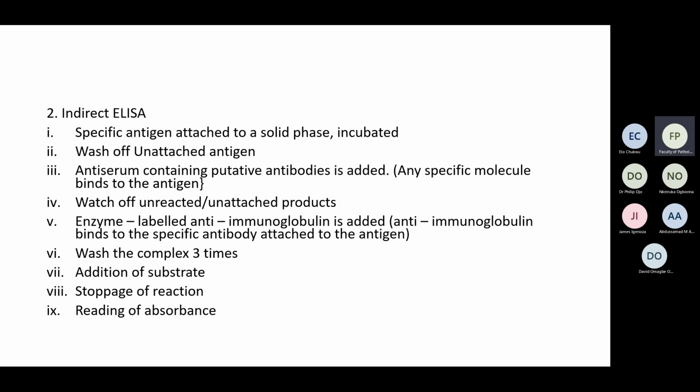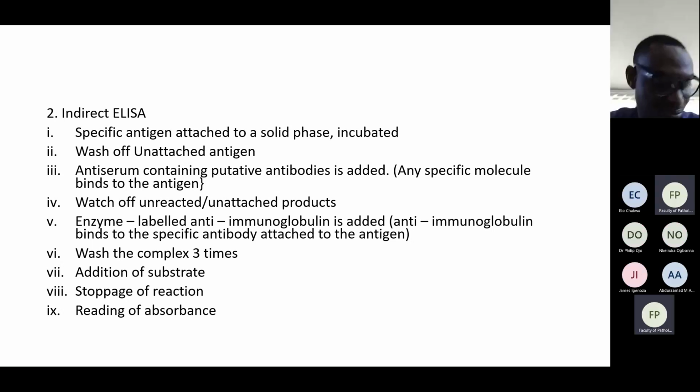So step number one is to add your specific antigen, wash off unattached antigen, then you add your antiserum, then there'll be antigen-antibody reaction, you wash off the unreacted products, and then you now add your secondary antibody.